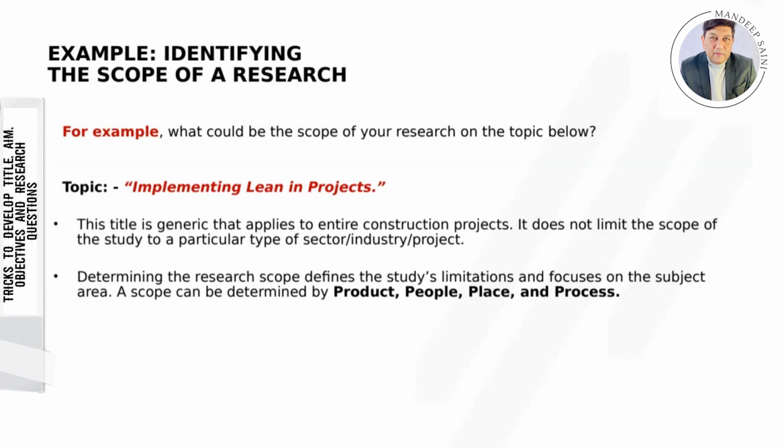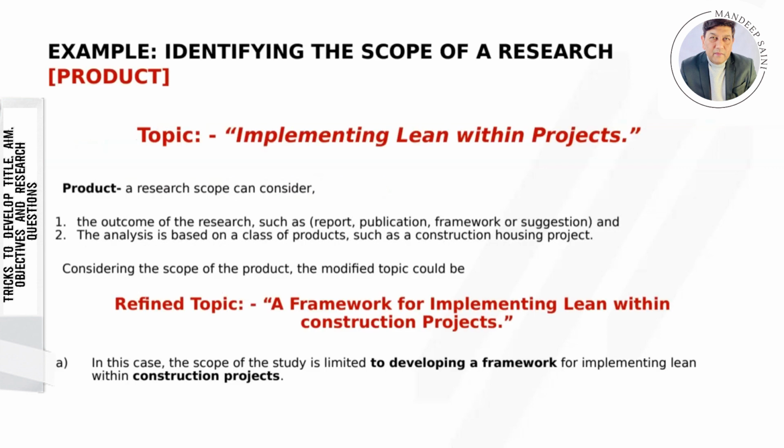So implementing lean in the project is a very generic topic, and you need to define your scope: what type of project you are going to implement lean in, what will be the final outcome, who are the people going to use your research, who are the beneficiaries. So all these things we need to think about. Now, how can we do that? So let's see. First thing, we are going to talk about identifying the scope of the research through the product. So we have to think about the product.